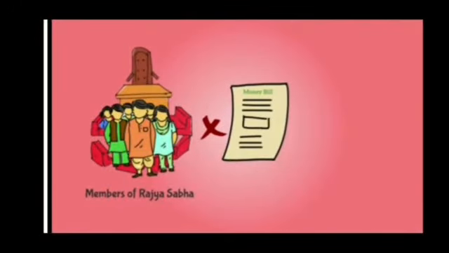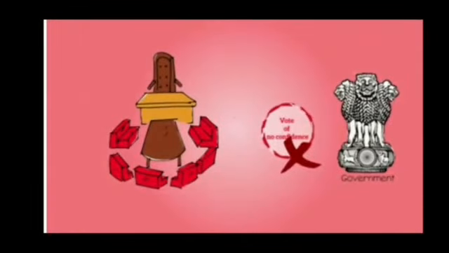As the members of Rajya Sabha are not directly elected by the people, a money bill cannot be introduced in the Rajya Sabha as in Lok Sabha. The Rajya Sabha cannot pass a motion of no confidence against the government.